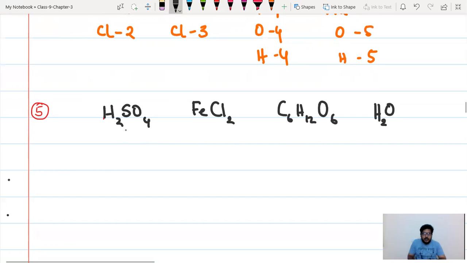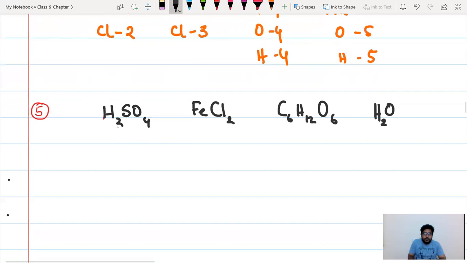Whenever numbers are at subscript, guys, we should not change this, because these are valency numbers which are given to that one, and we are not supposed to change these numbers. 2 should not be written as 3, 4 should not be written as 8.